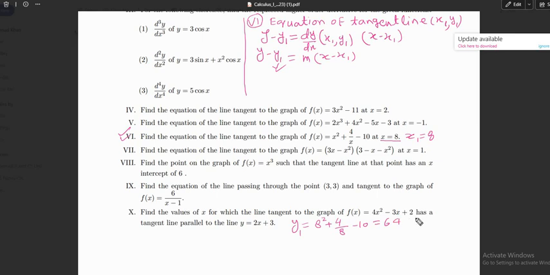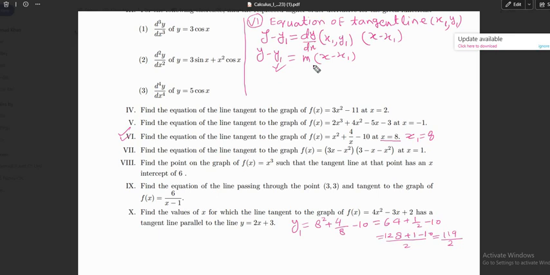Simplified, 64 plus 1 by 2 minus 10. So just use the cross multiplication: 128 plus 1 minus 10, divided by 2. So 128 plus 1 is 129, 129 minus 10 means 119, divided by 2. This is your y1.